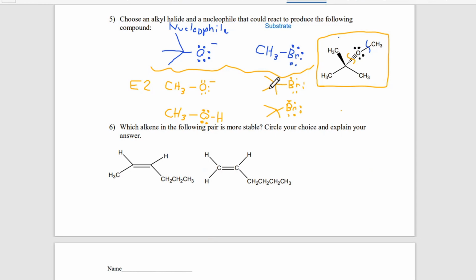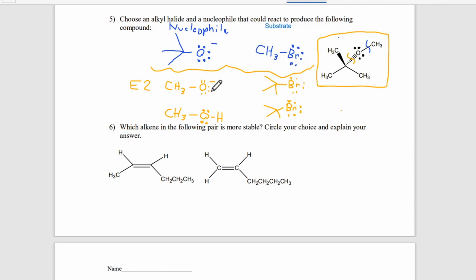This is a very sterically hindered substrate. So the oxygen here is a strong base. It can either try to come in and force its way in as a nucleophile, or it can rip off one of the hydrogens. And it turns out it's a lot easier to rip off one of the hydrogens than try and force itself into this sterically hindered space.